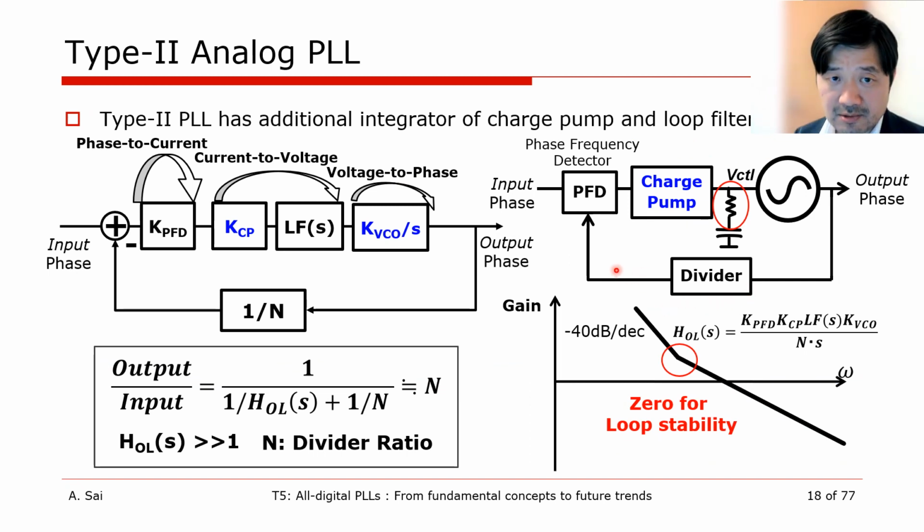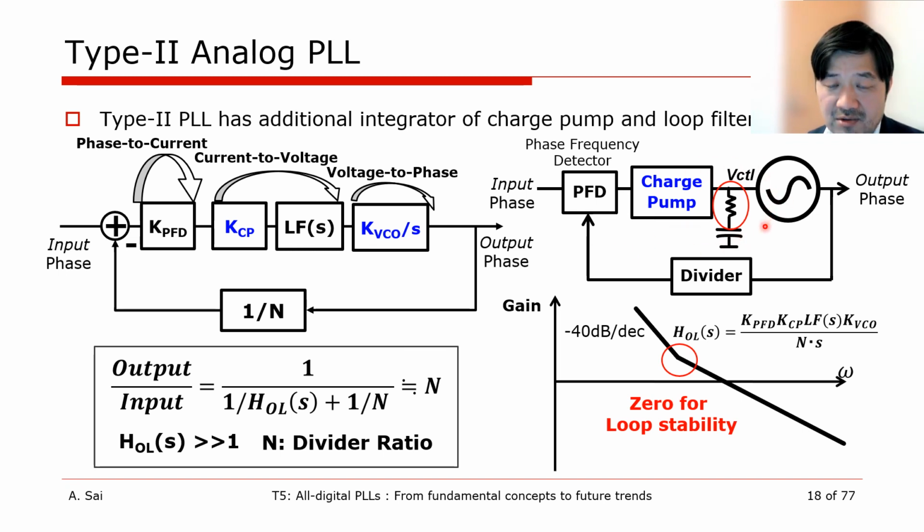Next, let's look at the forward gain of the PLL called type 2. And the big difference from type 1 is the presence of the charge pump. The phase comparator detects not only phase difference, but also lead and lag of the frequency. The phase error can be integrated into the capacitance of the charge pump. The feed-forward gain has two origin poles due to the VCO and the charge pump.